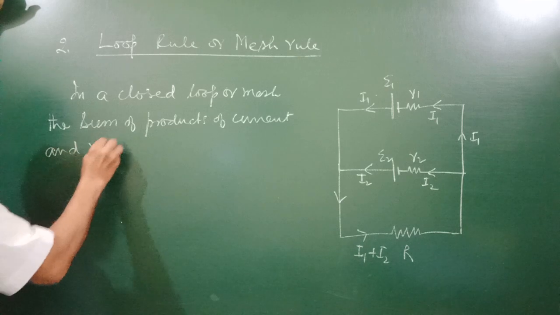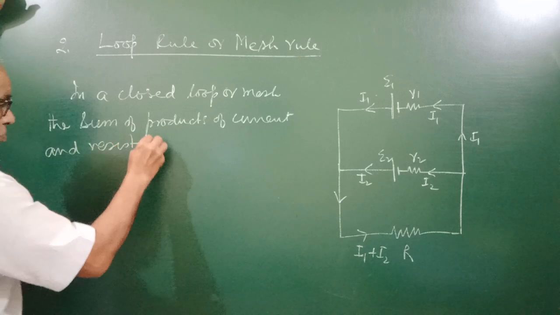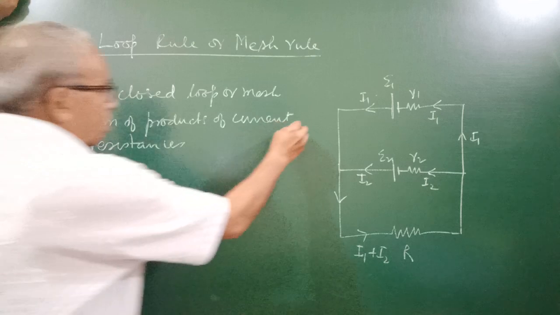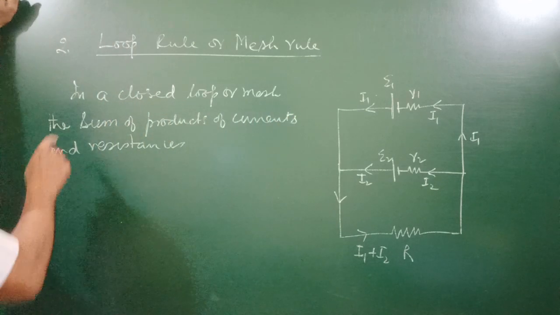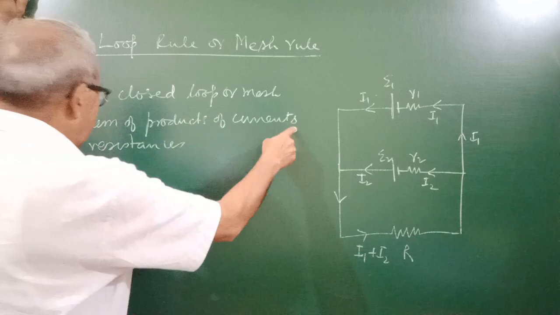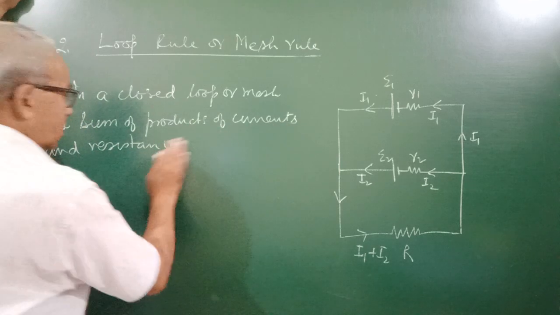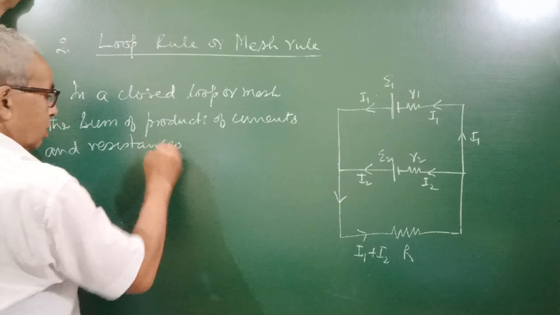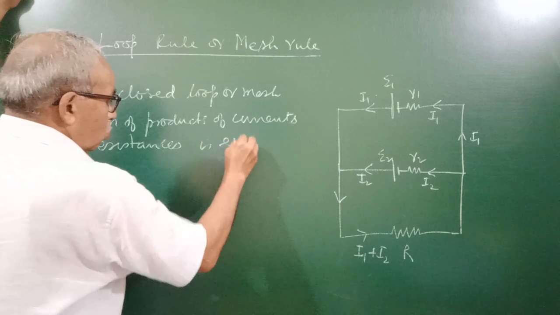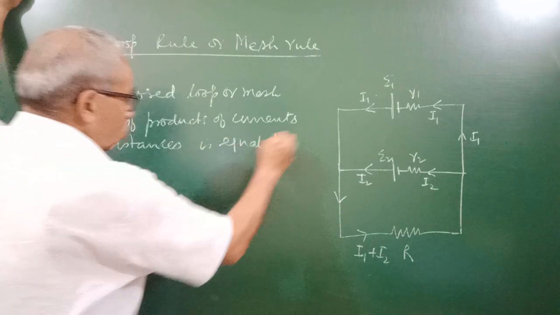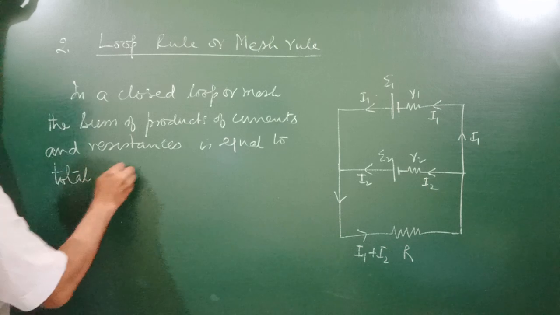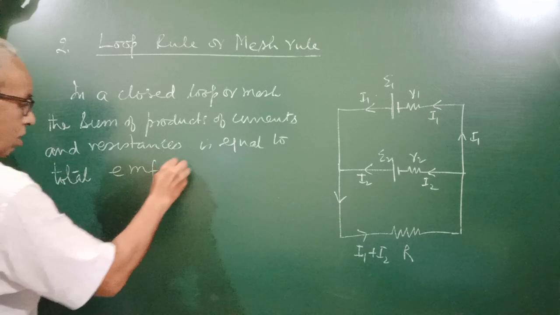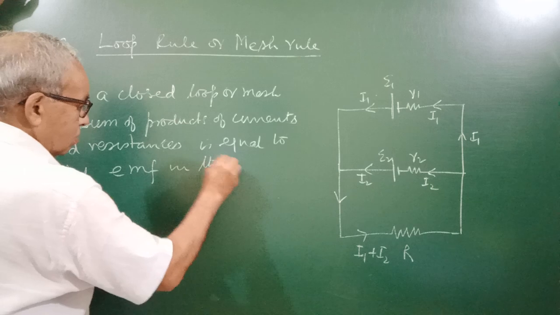In a closed loop or mesh, the sum of products of currents and resistances is equal to the total EMF in the loop.